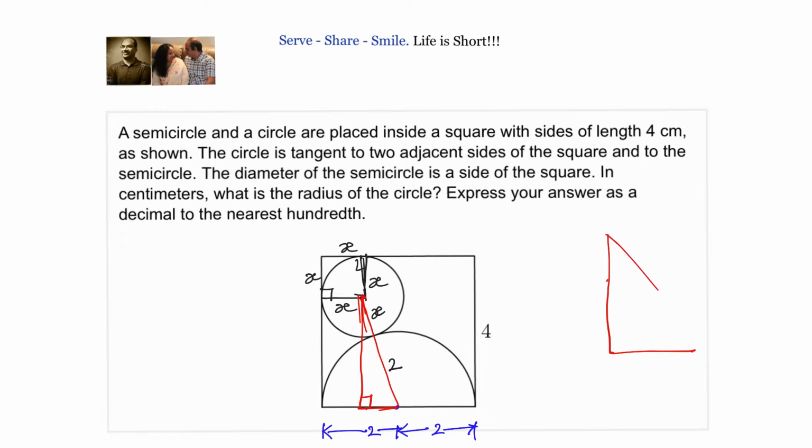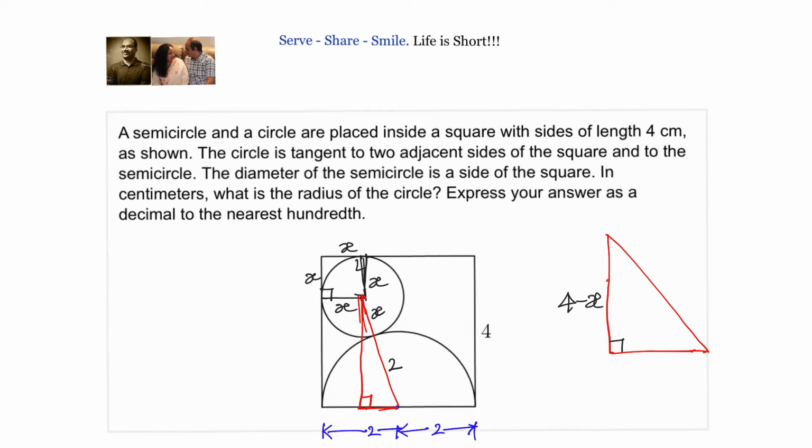Now suppose we want to find the height of the triangle. We know the total is 4 and we are subtracting x, so what is left is 4 minus x.